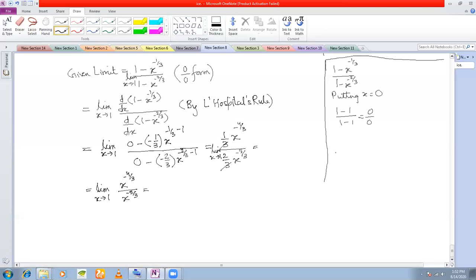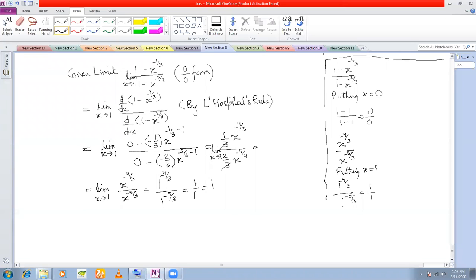Now putting x is equal to 1, what do you get? 1 to the power of minus 4 by 3, which is 1, and 1 to the power of minus 5 by 3, which is also 1. So you get 1 by 1.